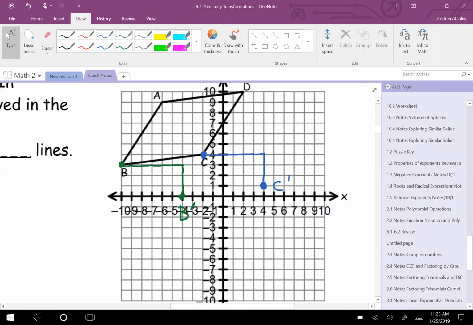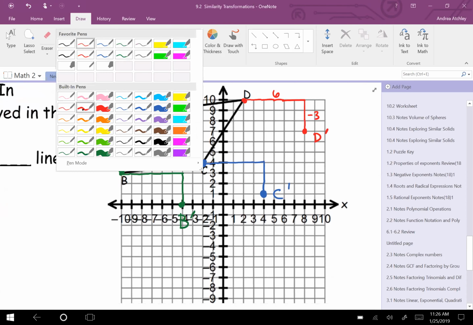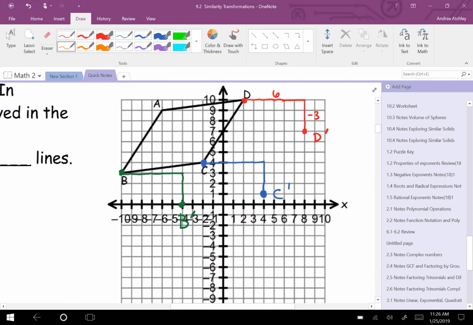Make it bigger so you guys can see it. Repeat it with D. Right 6, 1, 2, 3, 4, 5, 6, and down 1, 2, 3. And that's going to be my D prime. And last but not least, I'll do the same thing with A, to the right 1, 2, 3, 4, 5, 6, and down 1, 2, 3.